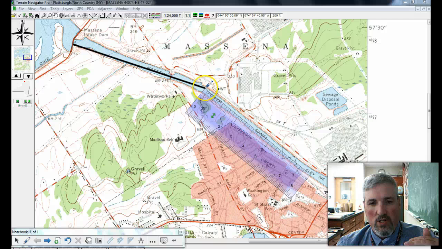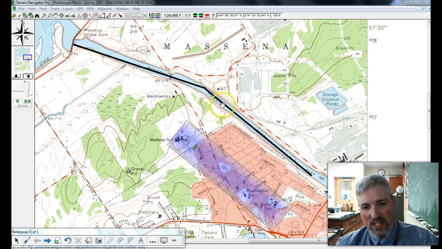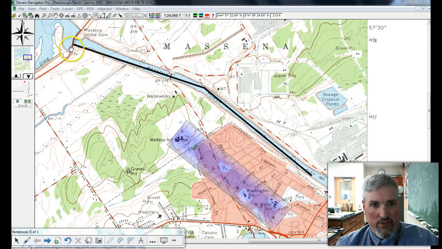Now you're going to measure the next leg like that. Once you have that leg, you're going to add this distance to the first distance, and you have the distance right to this point.